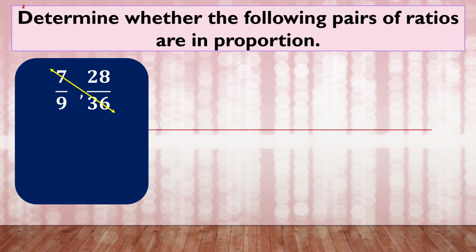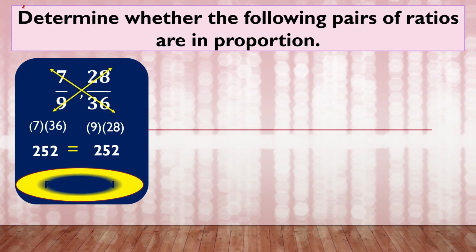So, 7 times 36 is equal to 252. 9 times 28 is also equivalent to 252. And so, they are equal. And so, we can now say that this pair of ratios is manifesting a proportion.